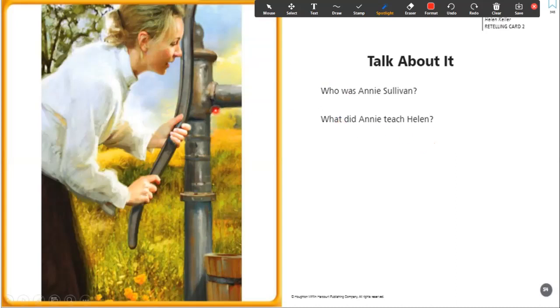In this picture, we were talking about Mrs. Annie Sullivan. Who was she? I want you to tell me your answers. Here, Mrs. Annie Sullivan was her teacher, and she taught Helen how to read and how to write.